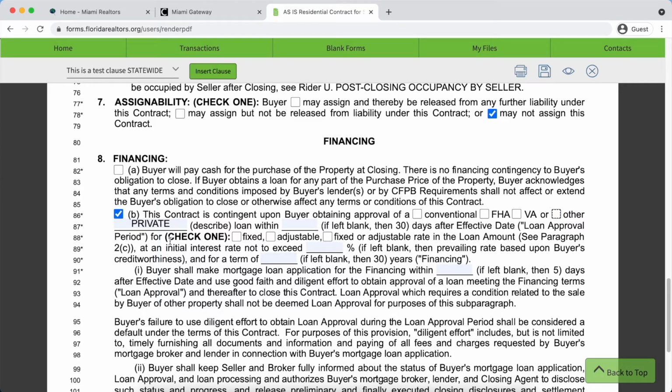Now, this next line is very important because if you leave it blank, that means you have 30 days after the effective date to obtain loan approval, which is basically synonymous with what lenders call a commitment letter. What is a commitment letter?